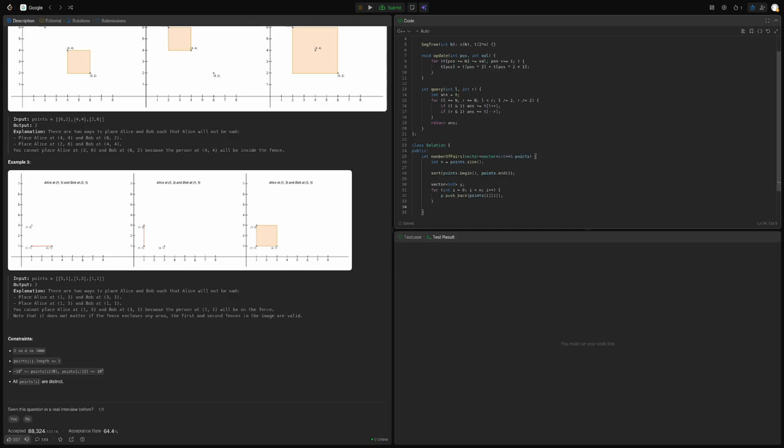Okay, and sort y begin, y end, and that's unique.